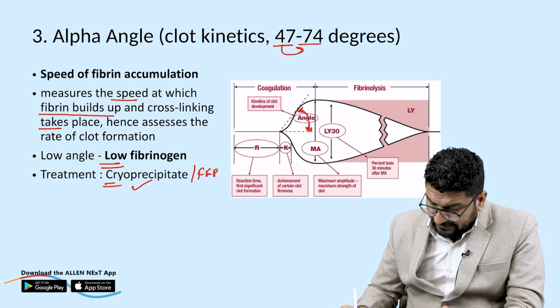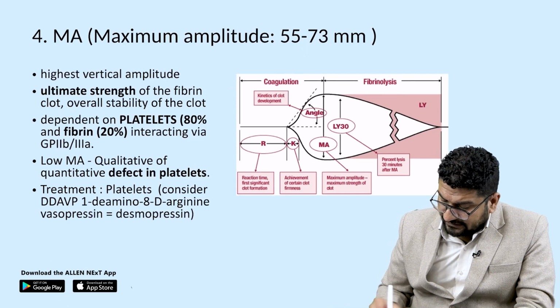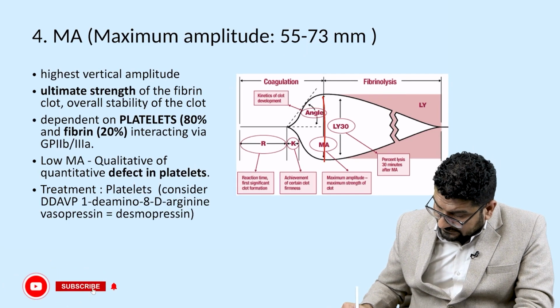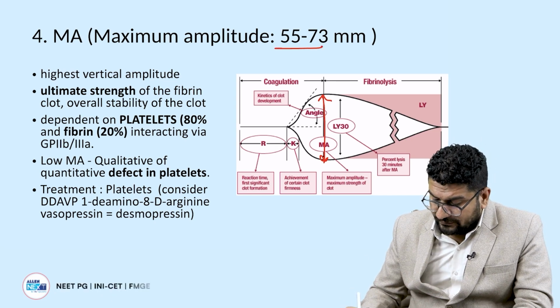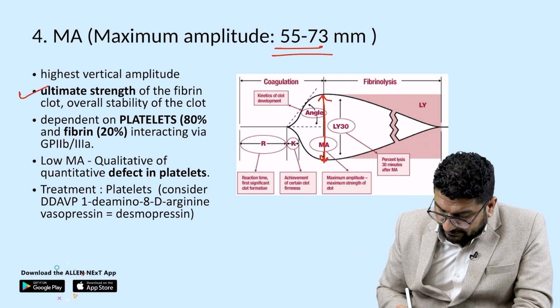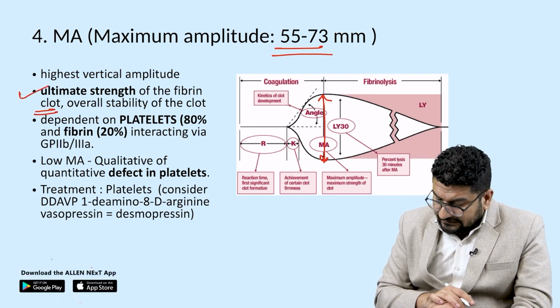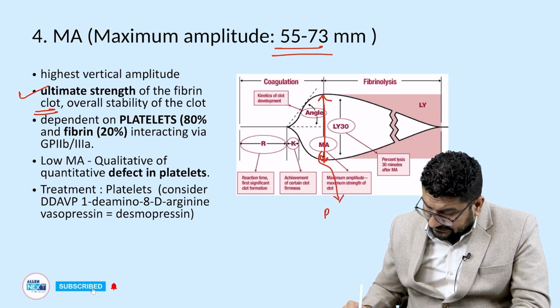Now understand, अब ये clot maximal amplitude अपने maximal height पे पहुंच गया, तो highest vertical amplitude, this height is what we call MA, and it is normally 55 to 73 mm. So here you will see maximum strength, means ultimate strength of fibrin clot. Now I told you, this is basically depending on two things. Platelet.